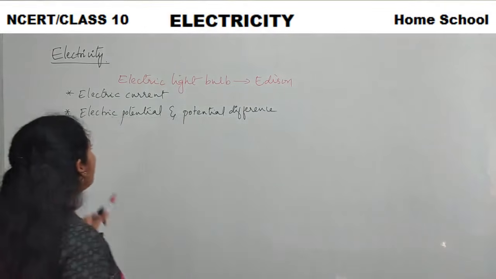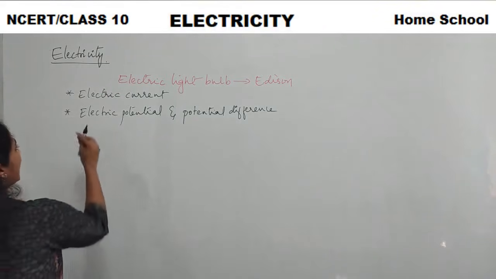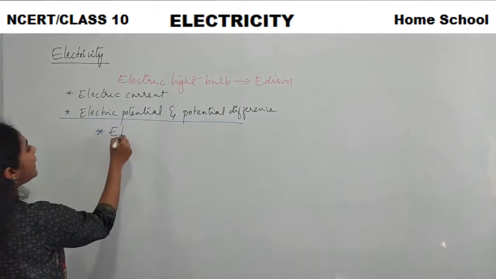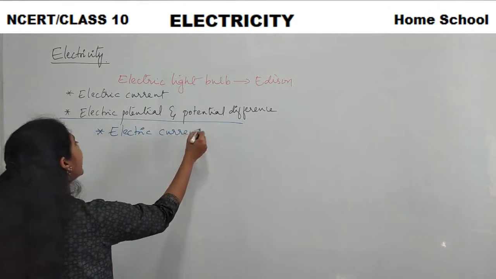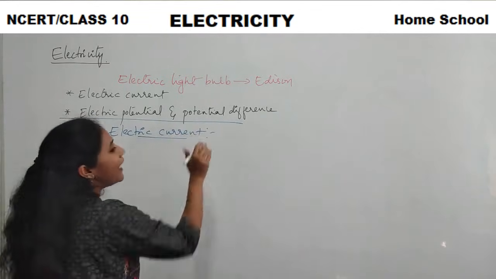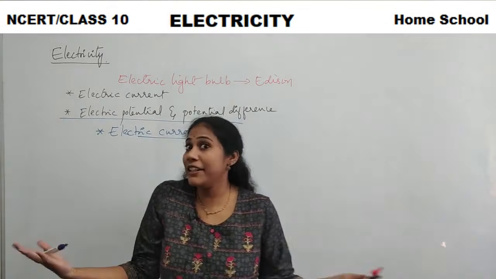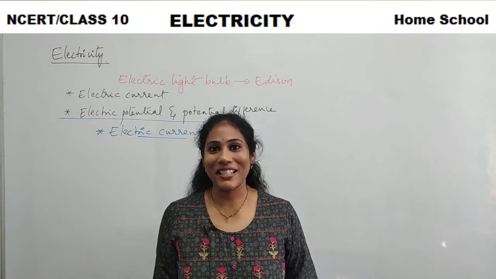Fine. So first and foremost, I will start with electric current. So what do you mean by electric current? First and foremost, I will try to give the definition for electric current that is there in your textbook, that we will learn for our board examination, right?